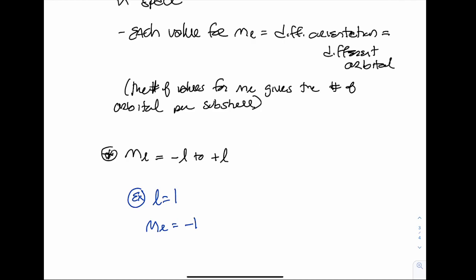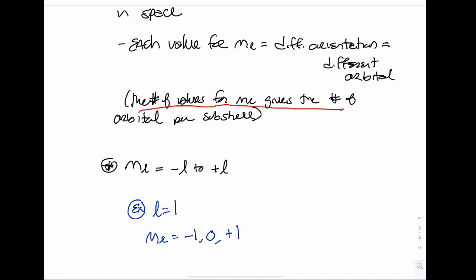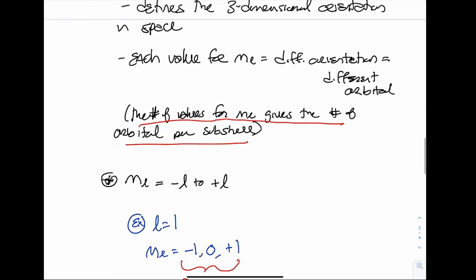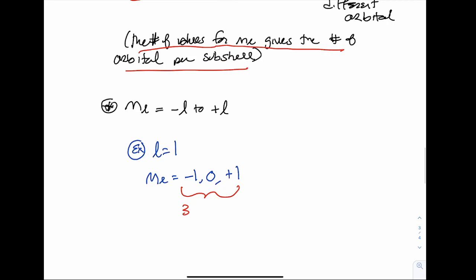So everything from negative 1, 0 is a value so that does count, to positive L. Remember, the number of values for m sub L gives the number of orbitals. I have 3 values, so what that means is I have 3 orbitals, right? Each value is a different orientation. So I have 3 ways.